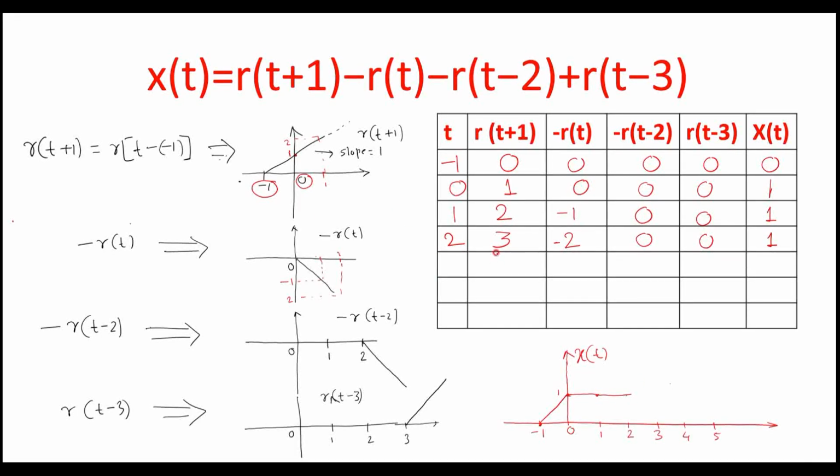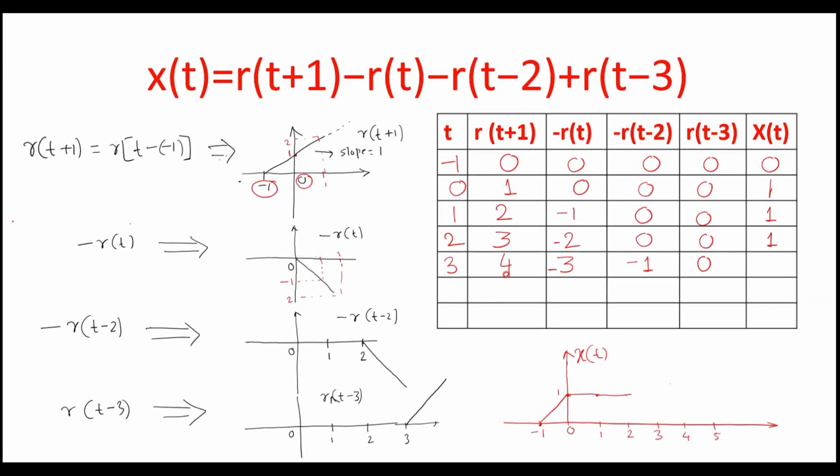Now at t equal to 3, the amplitude of this r of t plus 1 is 4. Here at t equal to 3, amplitude is 3, that is, t is minus 3. Now for minus r of t minus 2 at t equal to 3, its amplitude is 1, that is minus 1. Now for r of t minus 3 at t equal to 3 is 0.